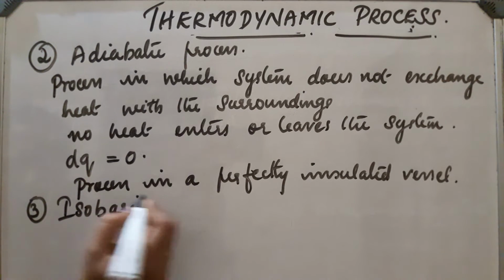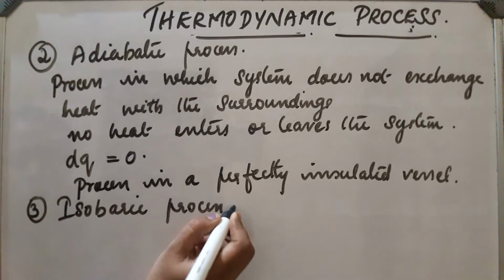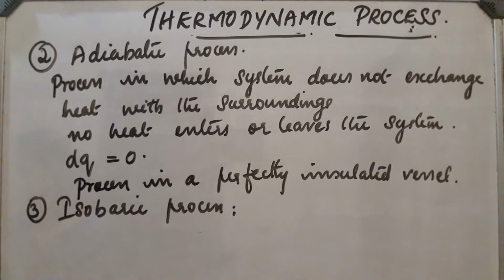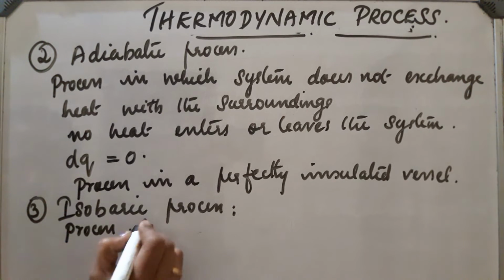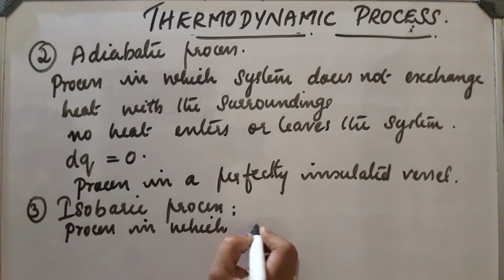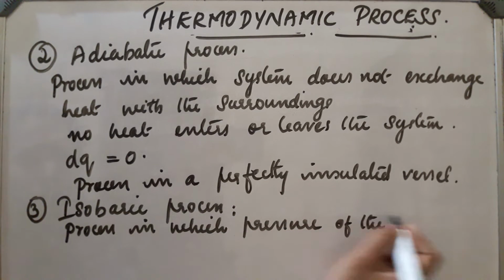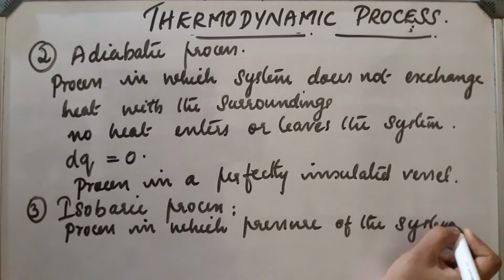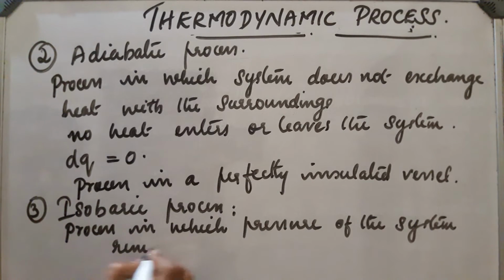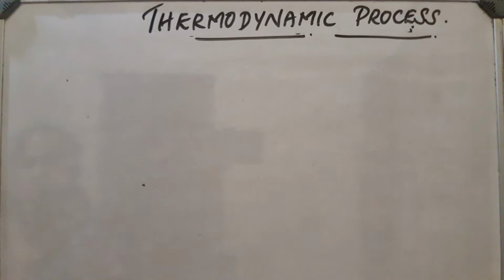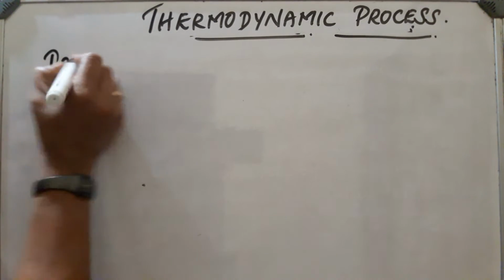Next, the third process, isobaric process. A process in which the pressure of the system remains constant. Next process, isochoric process.